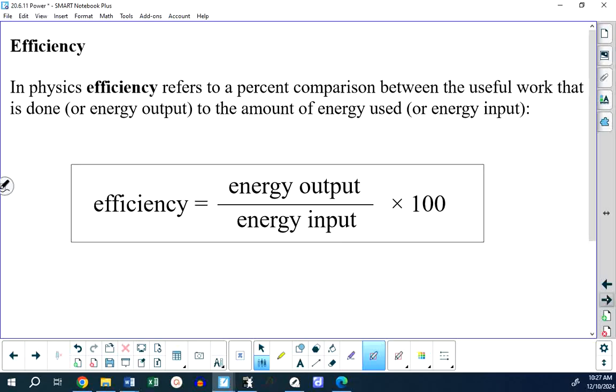I guess first we're going to talk about efficiency. When it comes to energy and doing things with machines, we have this idea called efficiency. And percent efficiency is the output energy over the input energy times 100. Very briefly, you understand that a machine is never 100% efficient.